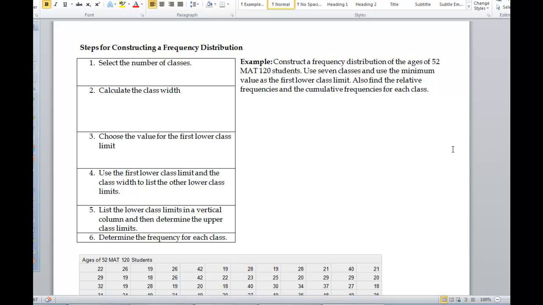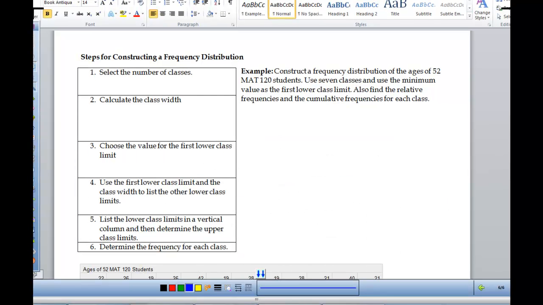Then we're going to calculate the class width. We don't have a frequency distribution to look at, so how do we figure out what the class width is? Well, the way we do that is we're going to look at the maximum value minus the minimum, divided by the number of classes.